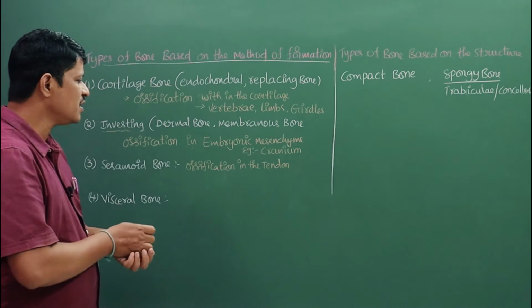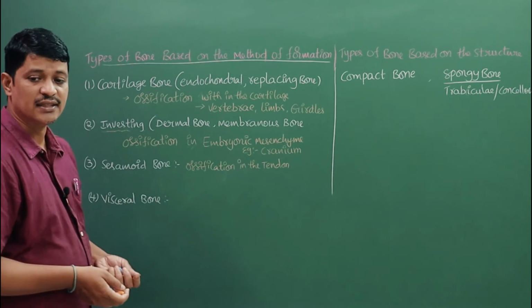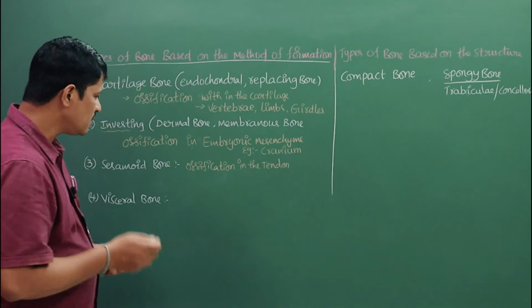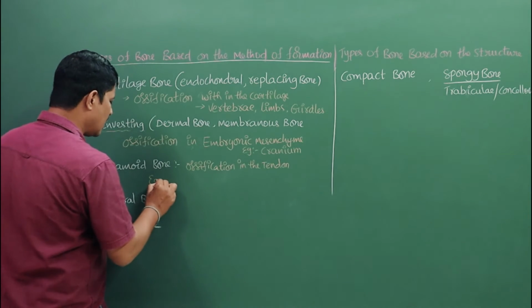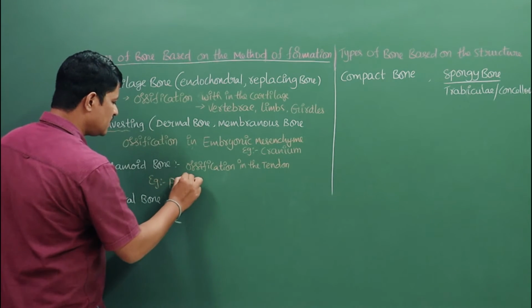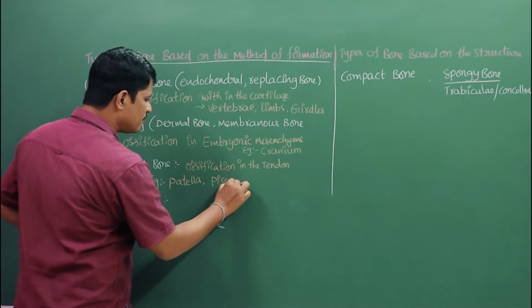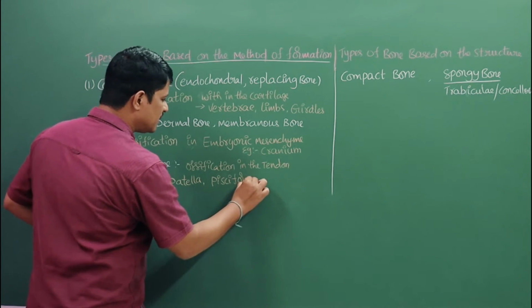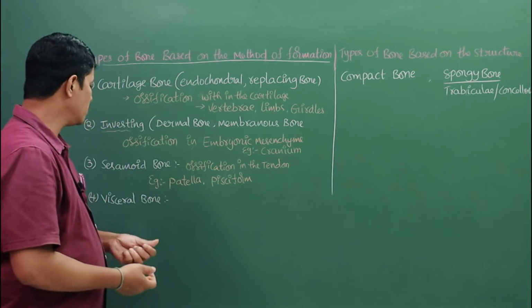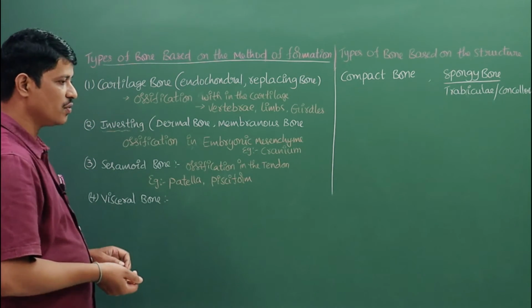So the ossification within the tendons gives the sesamoid bones. Examples of sesamoid bones are, first, the patella and, second, the pisiform.